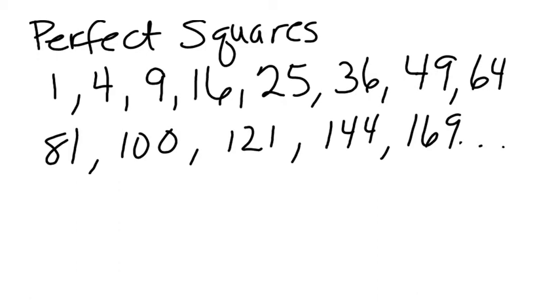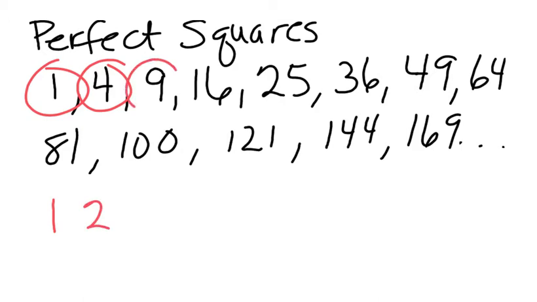You see, every number has a square root, but most numbers are not perfect squares, and so they don't have an integer for a square root. These numbers have integers for square roots. For instance, what's the square root of 1? Well, it's 1. What's the square root of 4? 2.